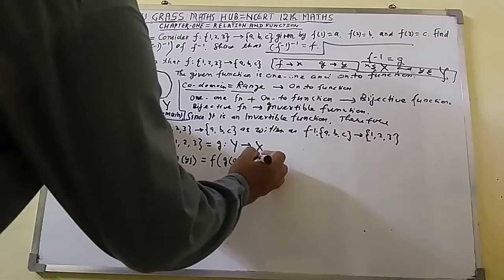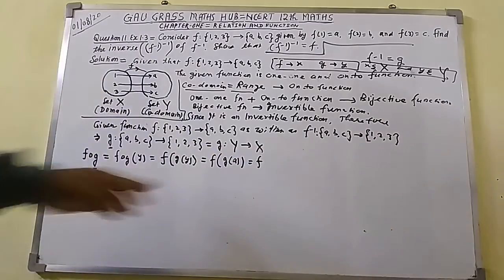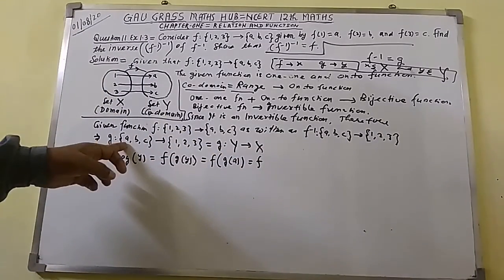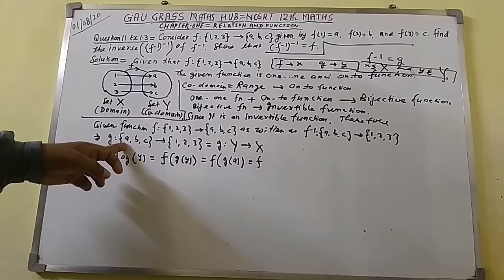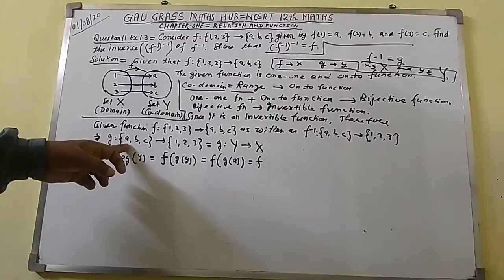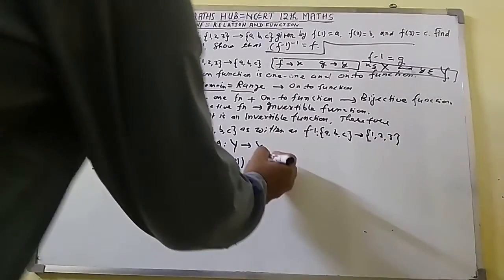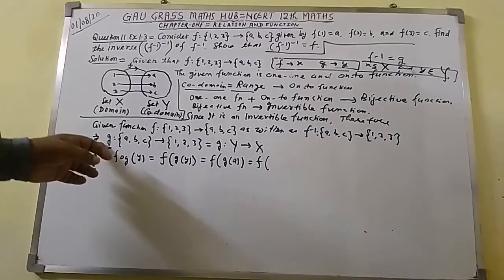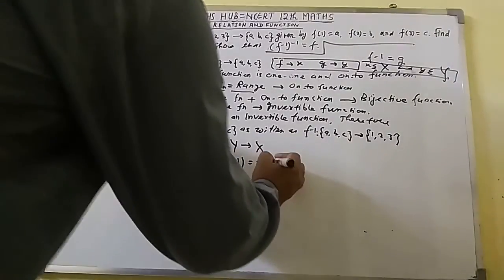It will become F of GA. What is the value of GA? In brackets you will write GA. GA equals 1. So here I have written.